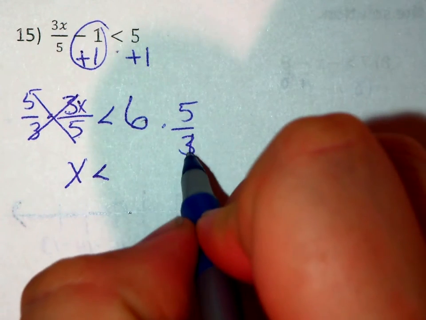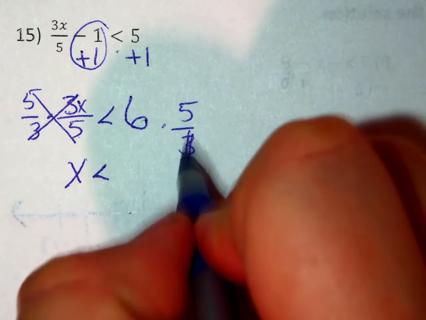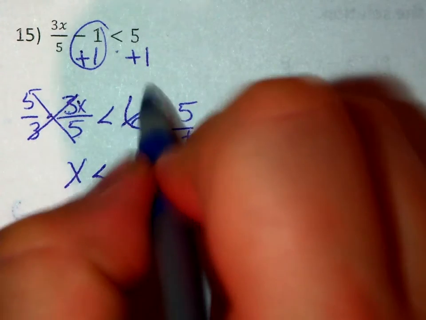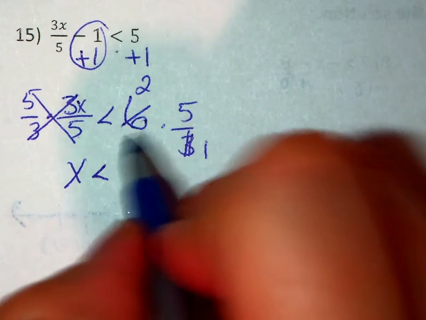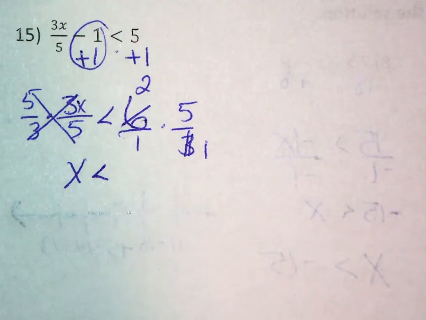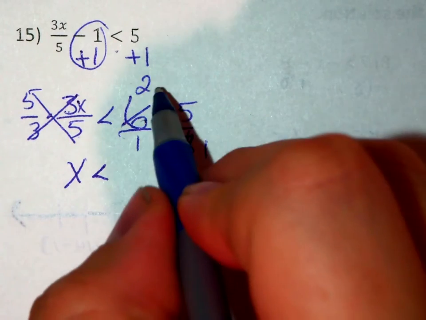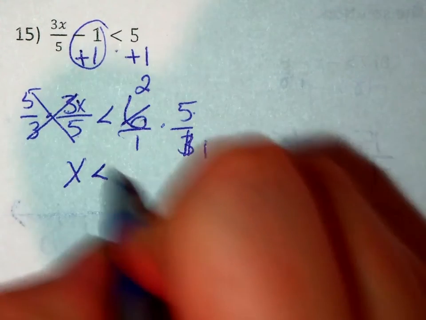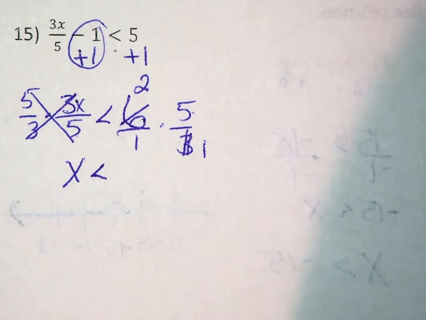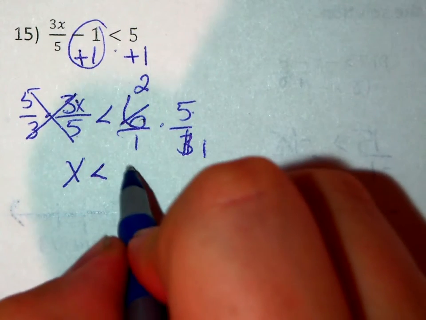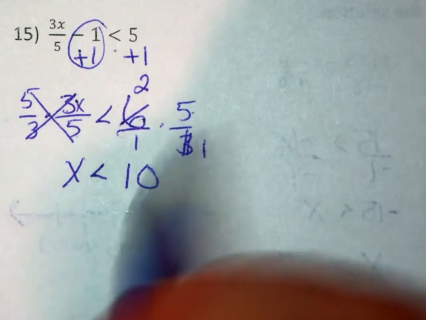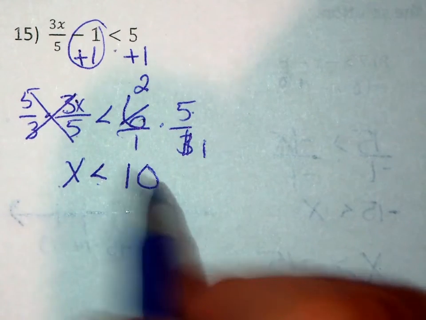I'm going to simplify here just a little bit because 3 goes into 3 one time. 3 goes into 6 two times. So that will just help make my multiplication process much simpler to do in the head. 2 times 5 is 10. Over 1 times 1 is 1, which gives me just 10. So x is less than 10.